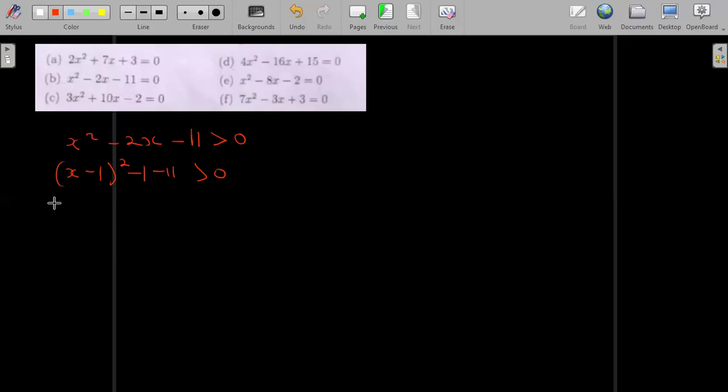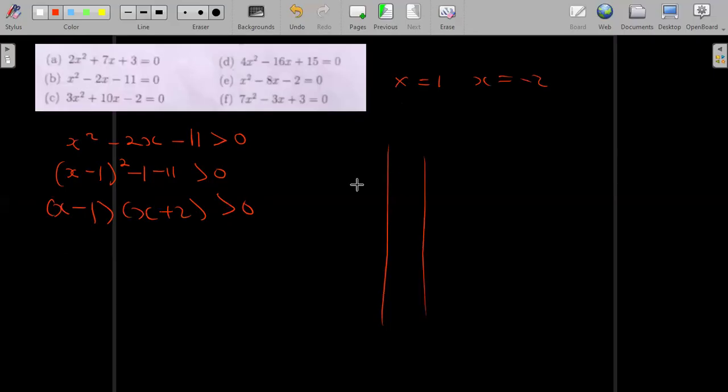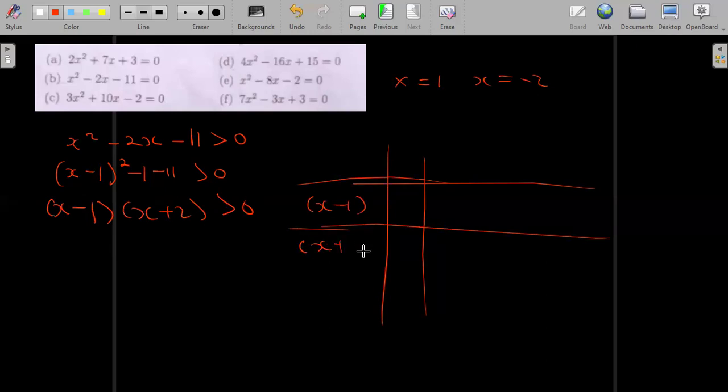Let's imagine we had factors that are very simple, x minus 1 times x plus 2 greater than 0. So this means you had x values 1 and negative 2. Those are your critical values. Then using the table as we were doing before, you plug them into your table where you have your x minus 1, your x plus 2, and the last one is x minus 1 times x plus 2.